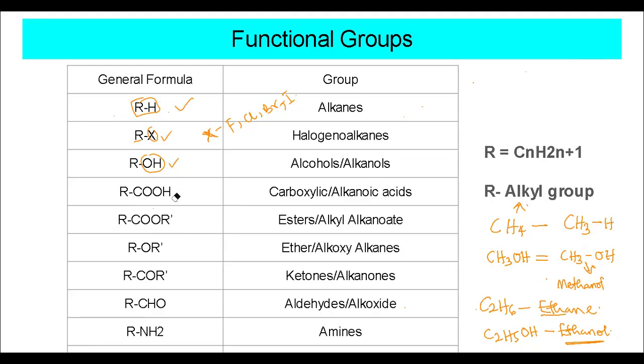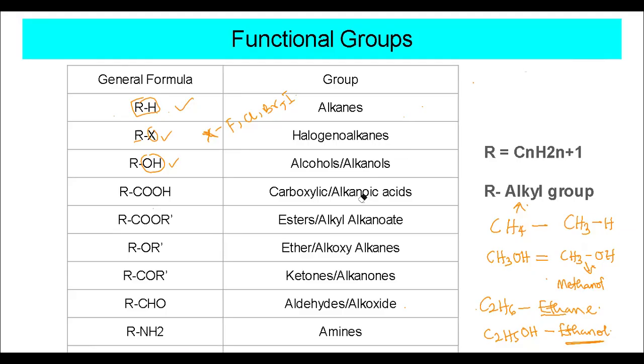So the systematic names still follow the same procedure. For carboxylic acid, I can call them alkanoic acids. From the alkane, you just replace the E with OIC. So call them alkanoic acid.